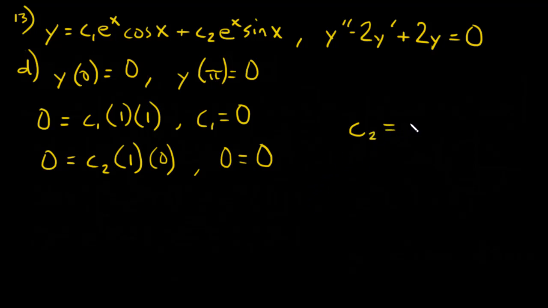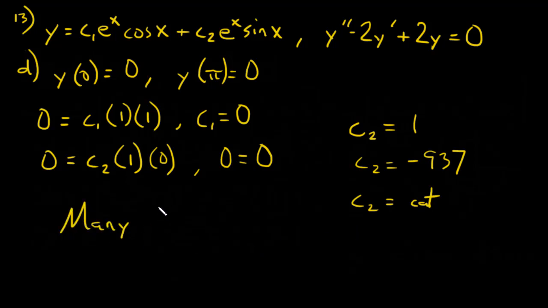I can make c2 equal to 1. I can make c2 equal to negative 937. I can make c2 equal to cat. It doesn't matter. It's still going to hold. Therefore, this one, c2, is completely arbitrary, and there are an infinite number of solutions. So, many solutions.